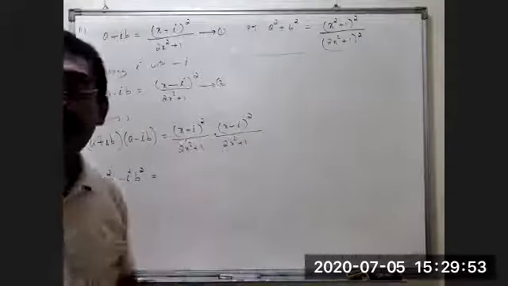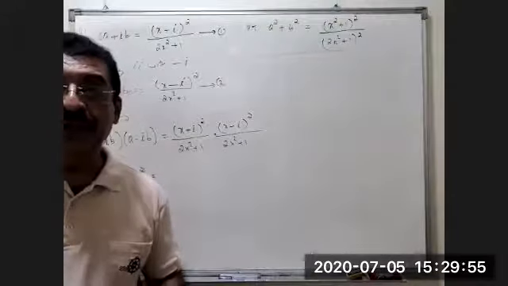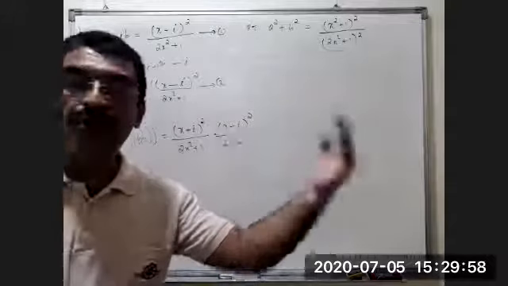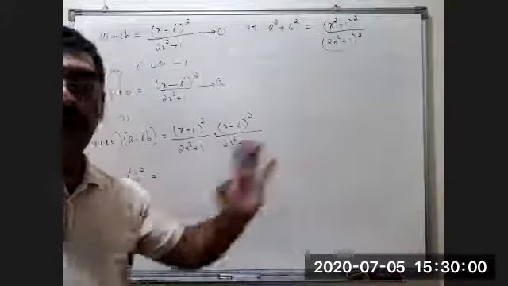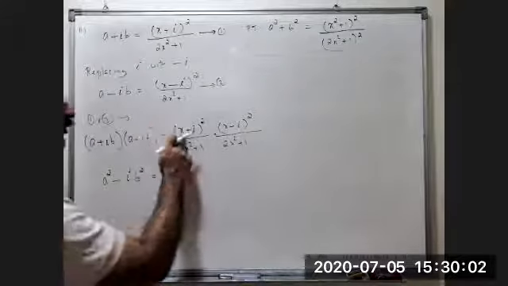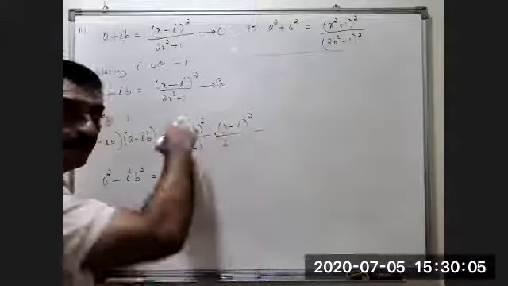Product of two fractions: multiply numerator into numerator, denominator into denominator. a² into b² is (ab)².